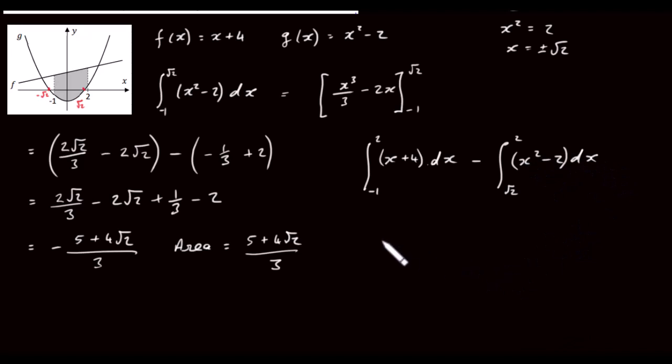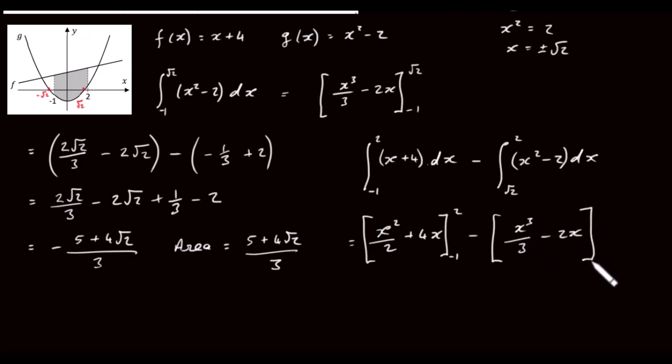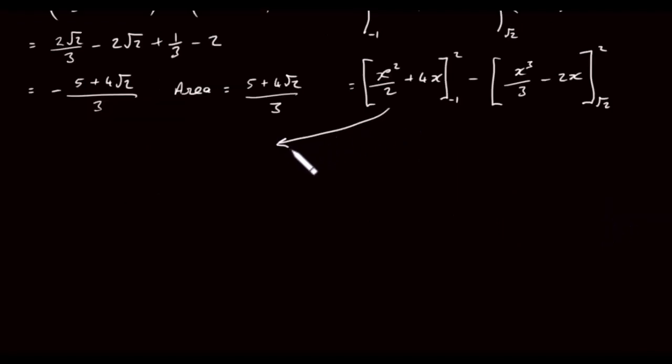So let's do all of this. Let's see, I've got x squared over 2 plus 4x. That's from -1 to 2. And then over here I've got x cubed over 3 minus 2x. And that's from √2 to 2. So now I'm going to come down along here.